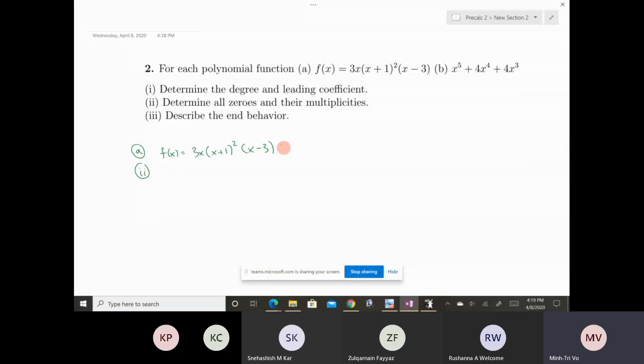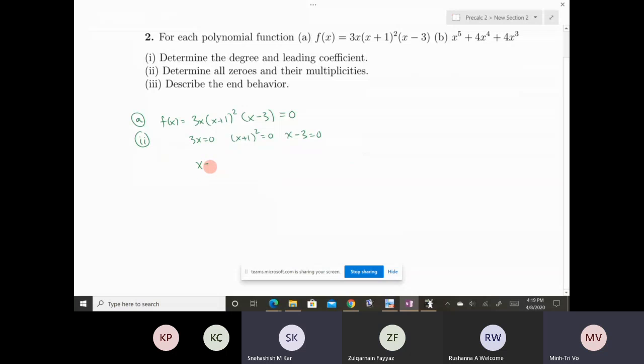You set it equal to 0, and then you do each factor separately. You have 3x equals 0, (x plus 1) squared equals 0, and x minus 3 equals 0.